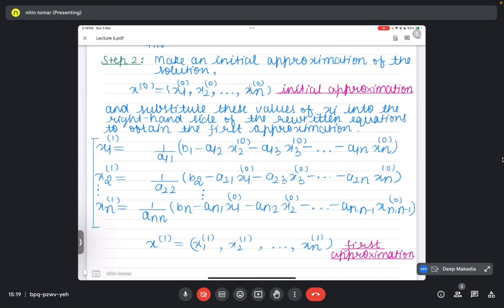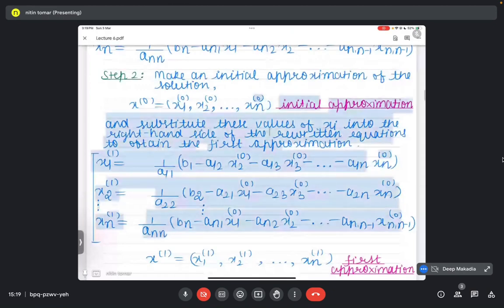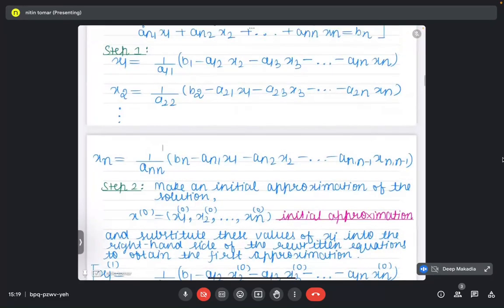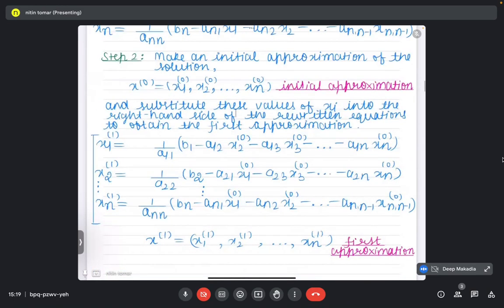We substitute these values of xi into the right hand side of the rewritten equations from step 1. What you get is the first approximation, which is x1 1, x2 1, up to xn 1. Is this step clear?